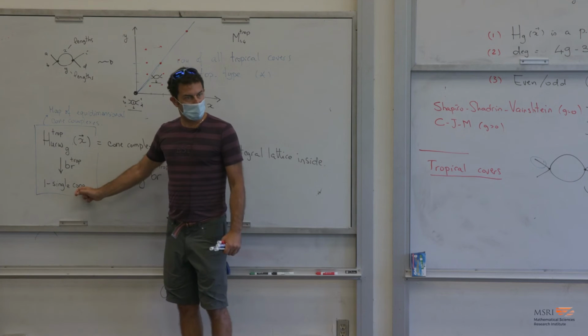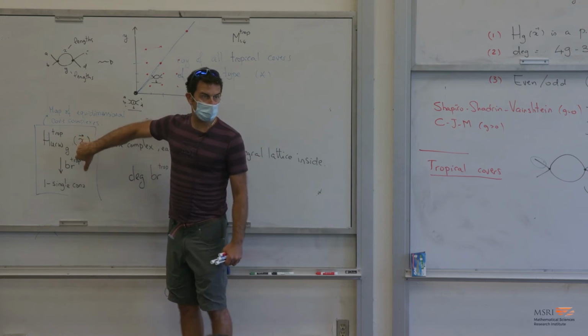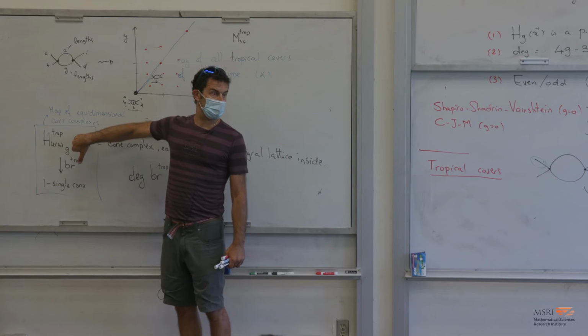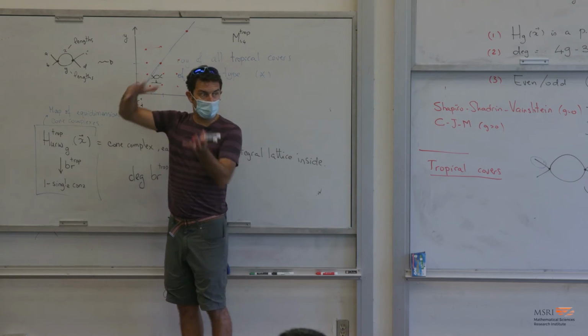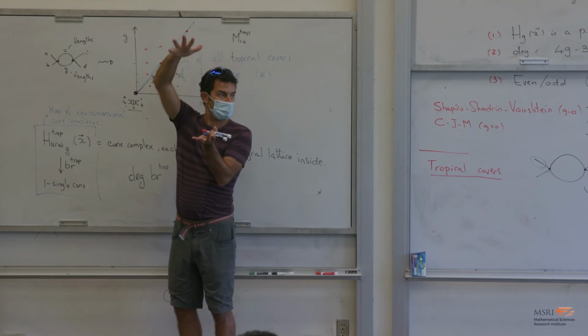But if you take a point in the interior of this cone, look at the cones that these inverse images belong to, and then see what the map does to the integral structures.